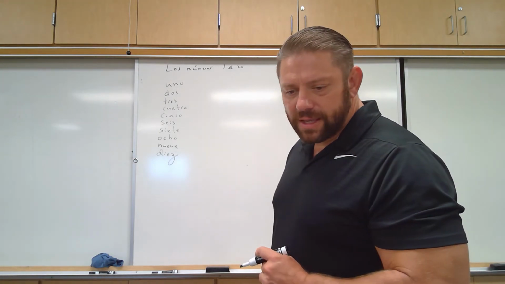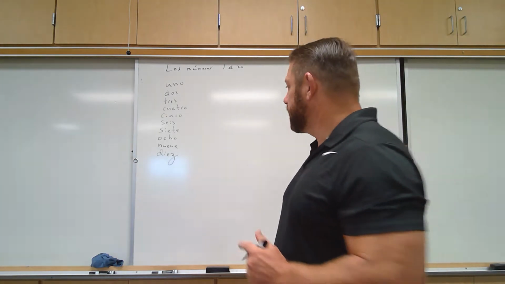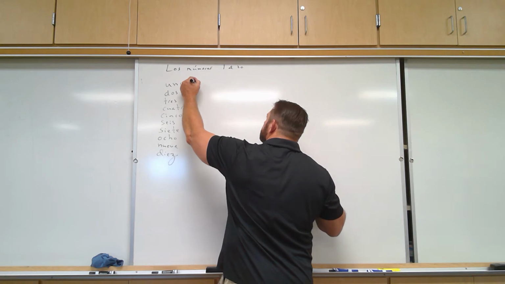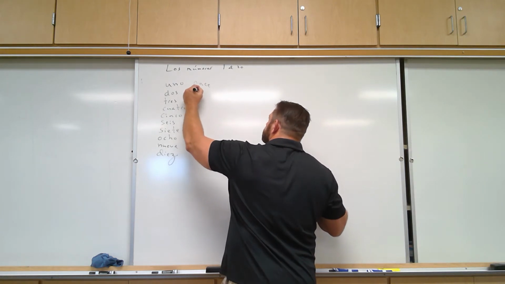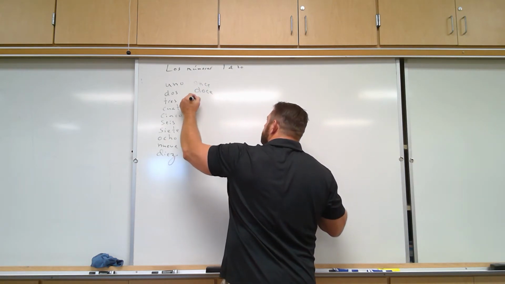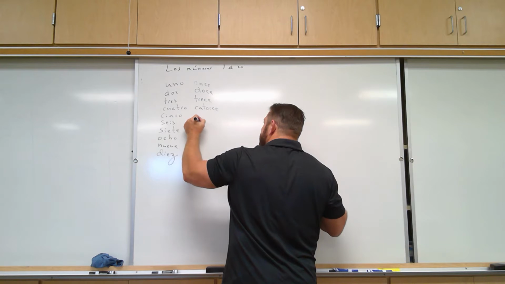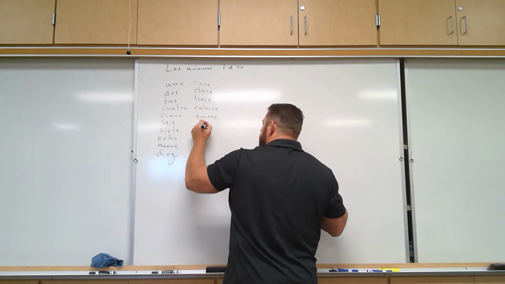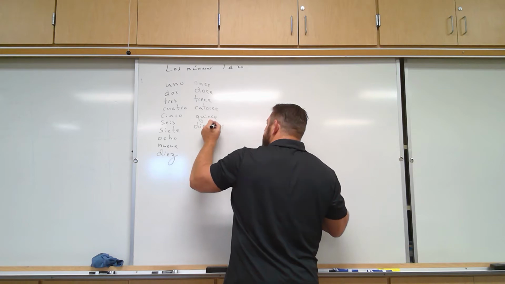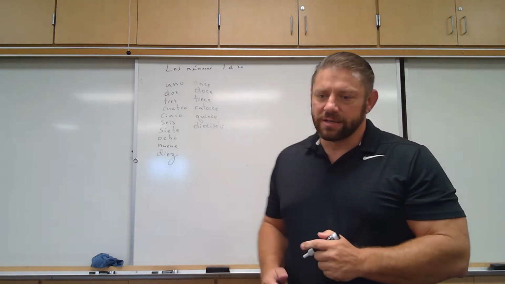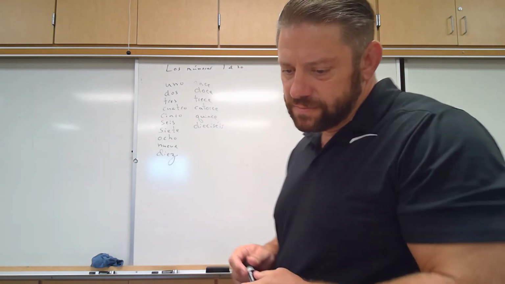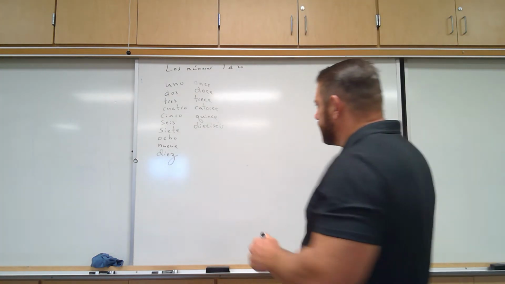Después del 10 tenemos 11. So we have 11, 12, 13, 14, 15, 16, 17, lleva un acento, has an accent.